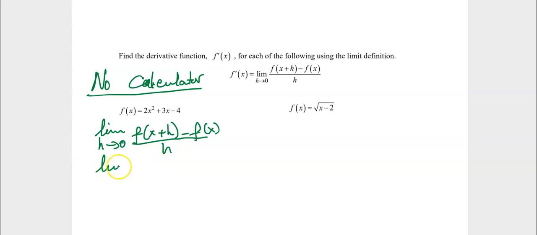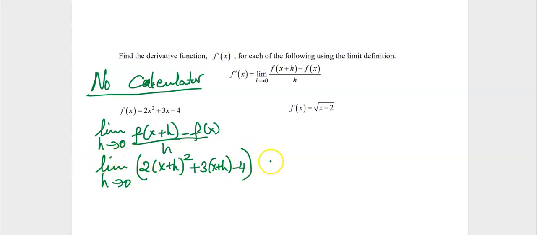So that is the limit as h approaches 0 of 2 times x plus h squared, plus 3 times x plus h, minus 4, minus the quantity 2x squared plus 3x minus 4, the whole thing divided by h.